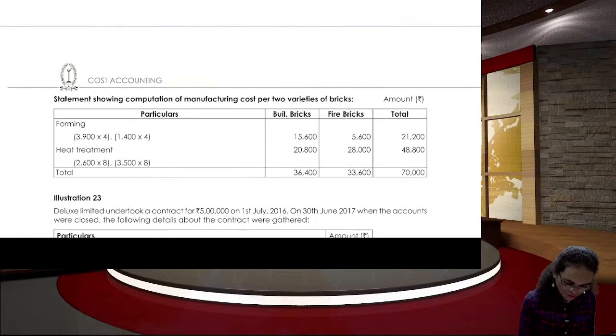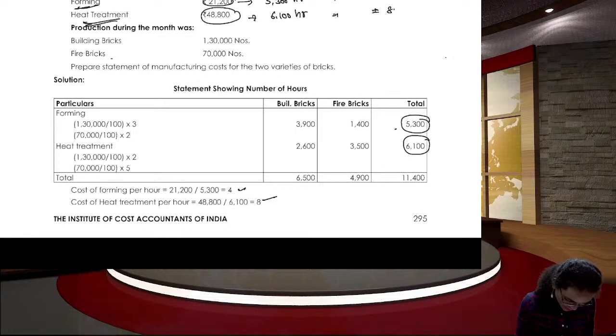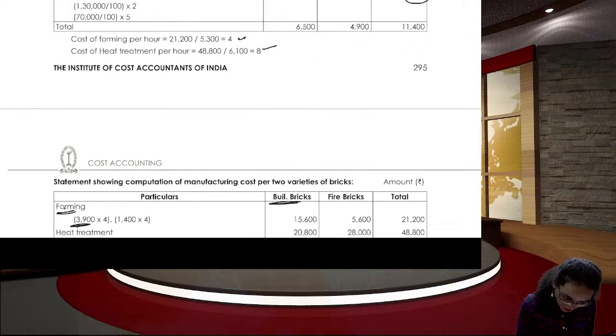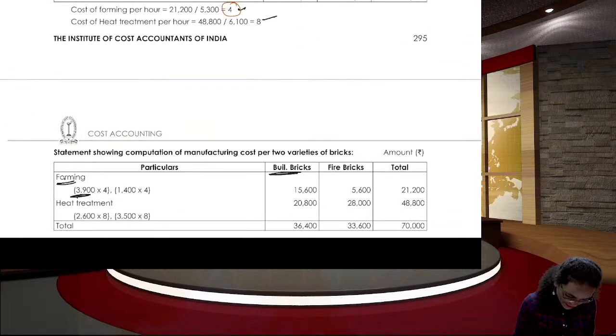Now we need to find the statement showing the computation of manufacturing cost for two varieties of bricks. For the forming, for the building bricks, 3,900 hours we have taken. The rate per hour for the forming is 4 rupees.